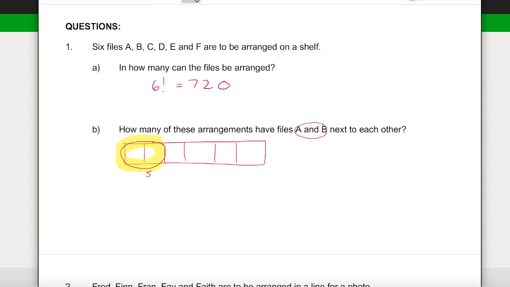So we've only got 5, 4, 3, 2, 1 factorial. So we've got 5 factorial, but those can either be arranged as AB or BA. So we've got 2 factorial arrangements. So that leaves us with 120 times 2, so 240 ways, which is certainly a reduction from the 720.